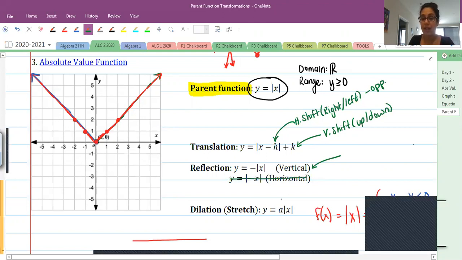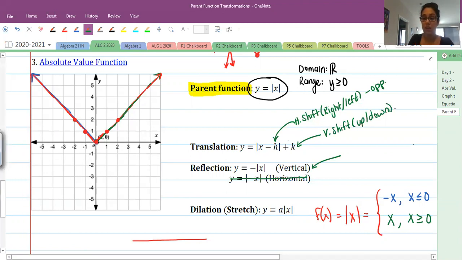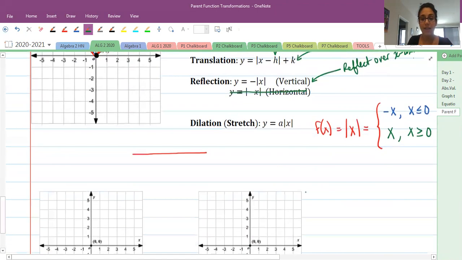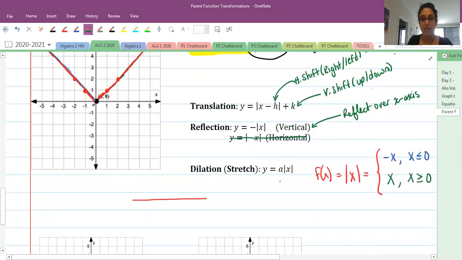So this is a vertical reflection, meaning it is reflecting down, meaning it's reflecting over the x-axis. And then this is a dilation, right?